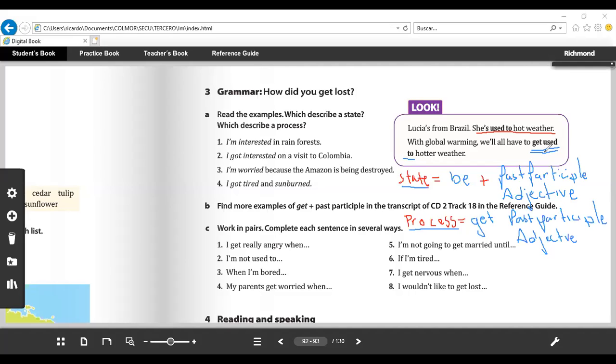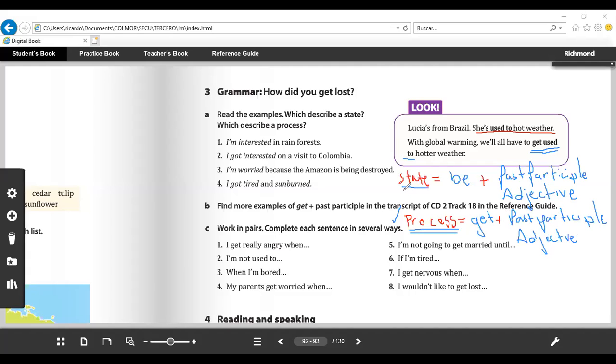For example, right now, we're going to have to get used to the new conditions at school, because now we're going to have to use face masks and special protection because of the coronavirus. So this is a process, and we have to use get plus the past participle or an adjective to express a process.